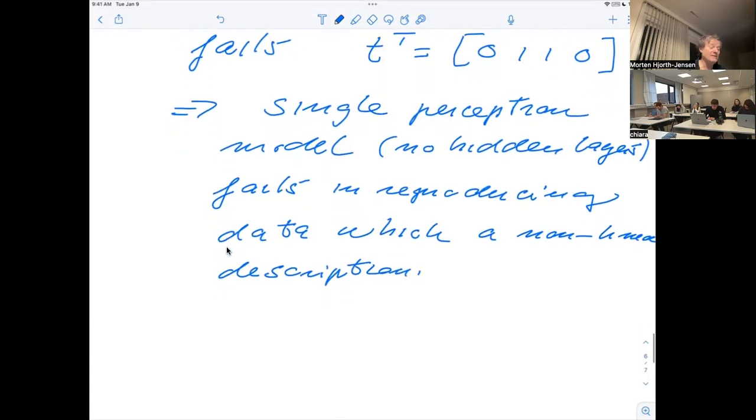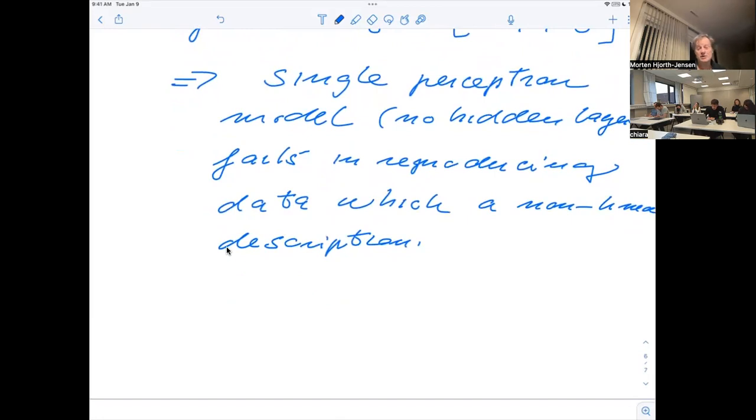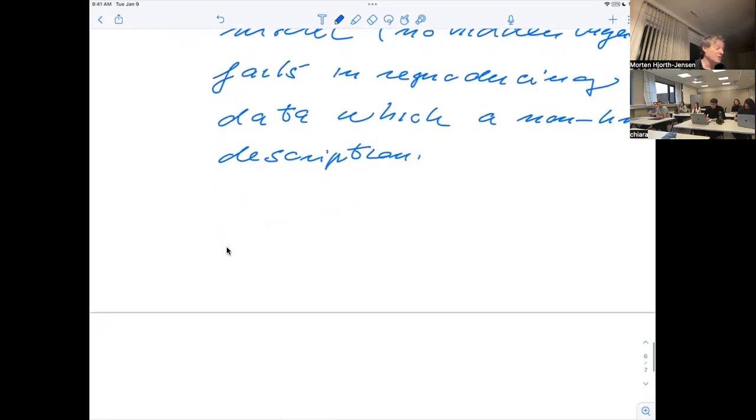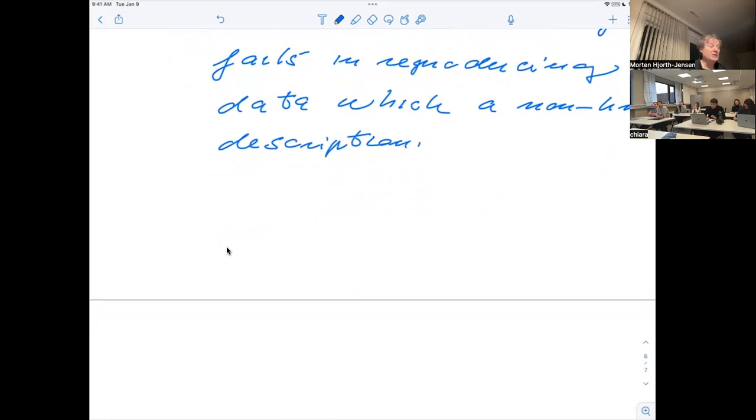But as soon as we have non-linearities in the data, which is perhaps the most common situation, then we need to look at something which is more complicated. So if we now introduce a hidden layer, then we would actually be able to reproduce this XOR gate as well.